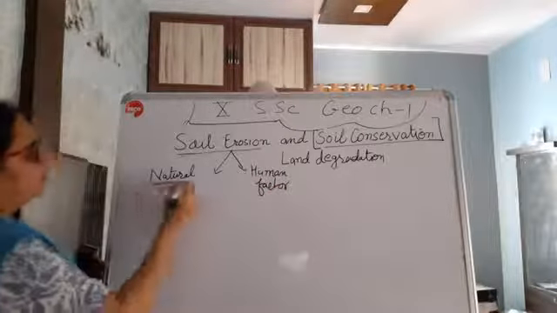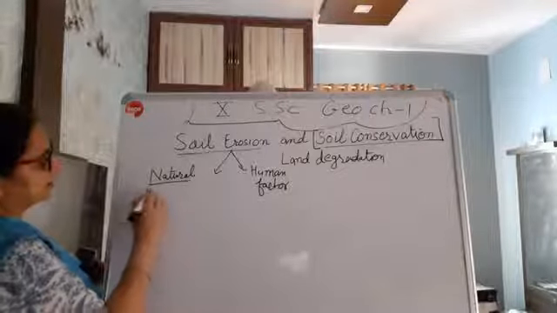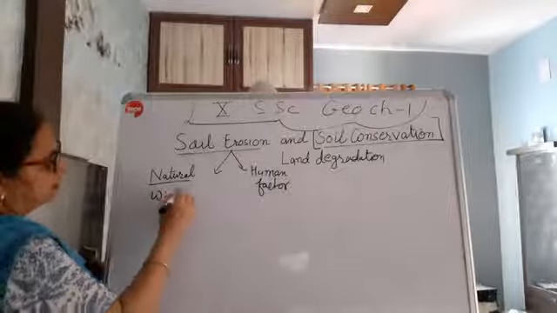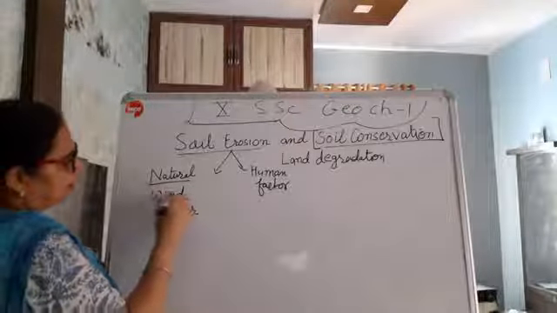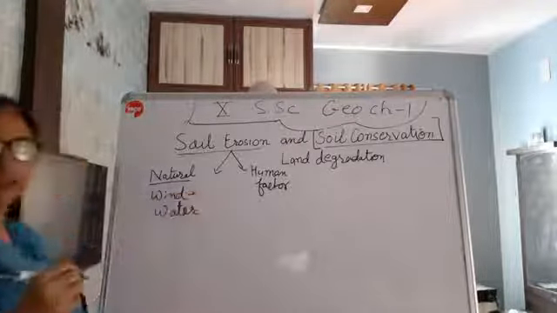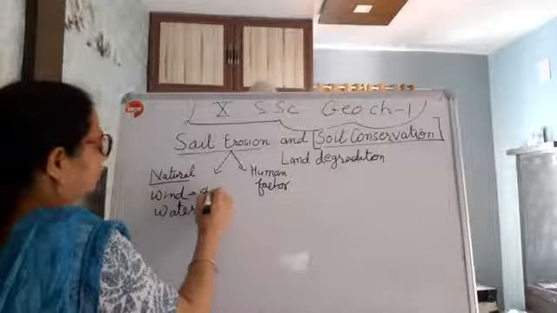First we'll talk about natural factors, that is wind and water erosion. When wind erosion is there, it creates what is called sheet erosion.